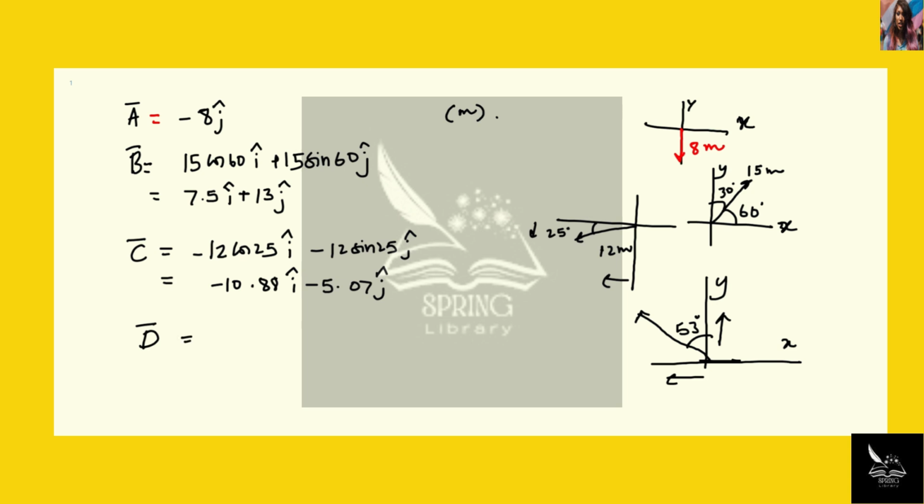Hence, D can be written as, it has a length of 10 meters, and hence D is 10 sin 53, because the angle is with y-axis, the x component would be sine 53. But with a minus sign i hat, because the x component is negative, plus 10 cos 53 j hat, which turns out to be minus 7.99 i hat plus 6.02 j hat.